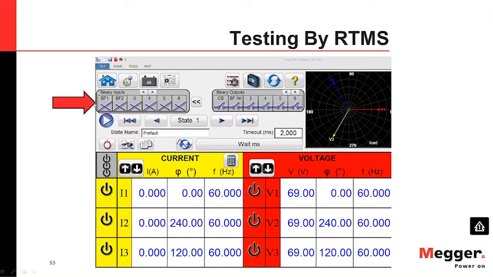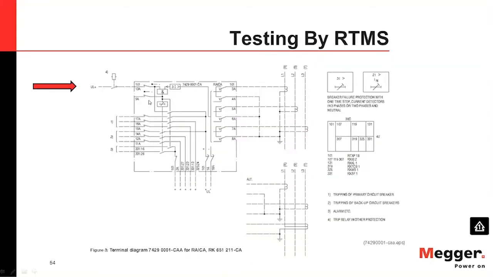You only have to connect one timer here, but BF INI we need. As you see, I need a current here plus BF INI, then I have BF1. And if I need CB with current or no current for the generator, then I can have BF1. And if I have breaker failure stage 2, which is timer 2, that's why we have it here, to measure both timers together. This is an example from RICA, which is ABB's famous breaker failure relay.